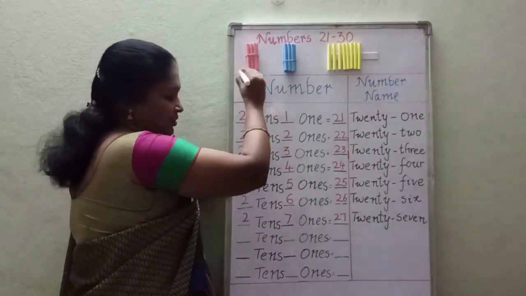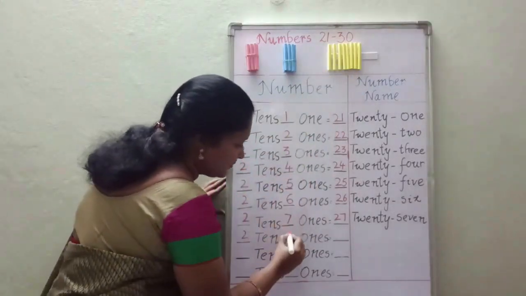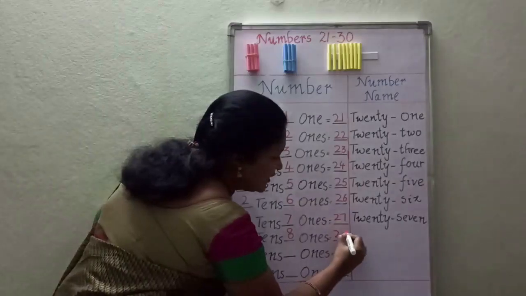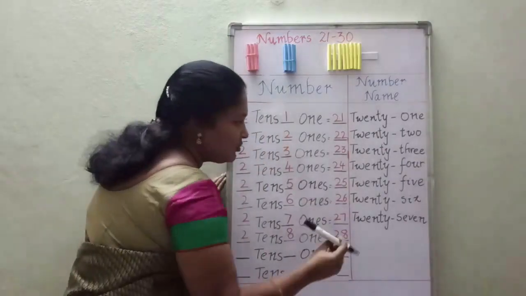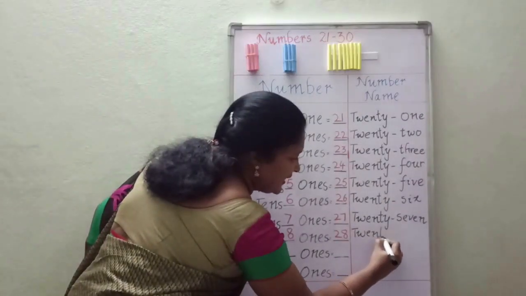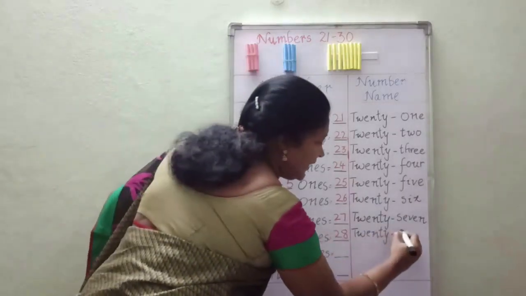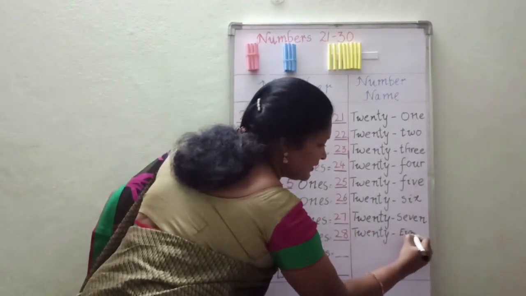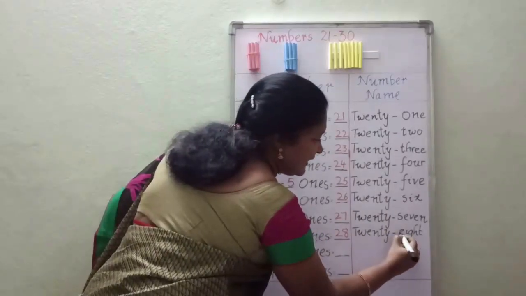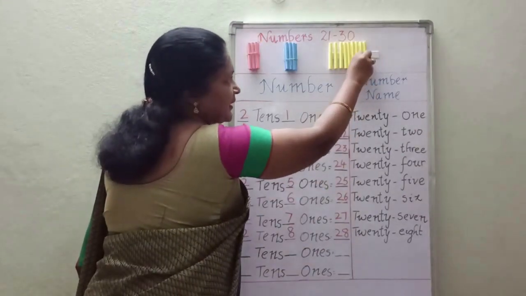So here 2 tens, 8 ones. So which number you will get? 28. What is the spelling of 28? T-W-E-N-T-Y. E-I-G-H-T. 28. And next one more I am keeping, children, here.